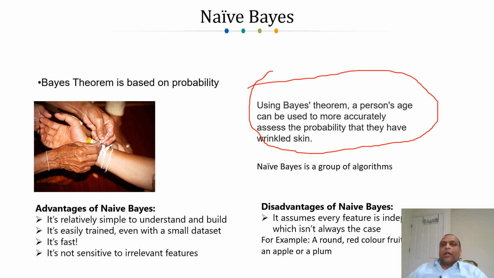It is not a law. It is not mandatory. However, the probability is very high. The chance of an older person having wrinkled skin is very high, right? And a young person having smooth, unwrinkled skin, the probability is very high.